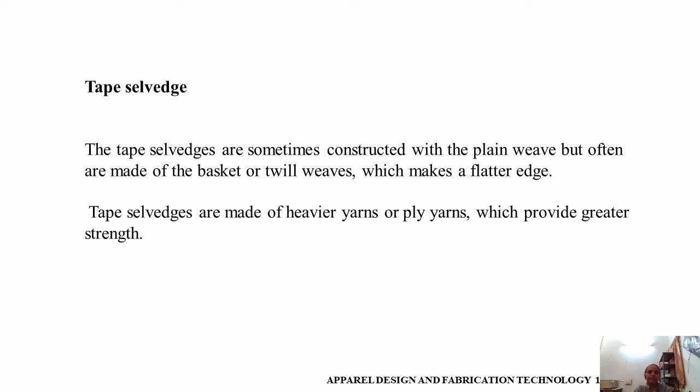Second is the tape selvage. Tape selvages are sometimes constructed with the plain weave, but often are made of the basket or twill weaves, which makes a flatter edge. Tape selvages are made of heavier yarns or ply yarns, which provide greater strength.